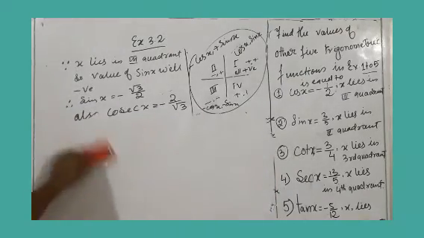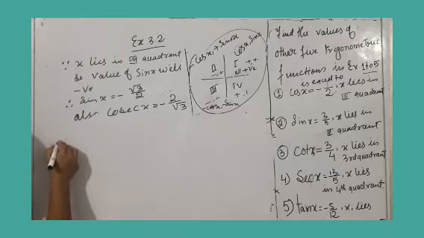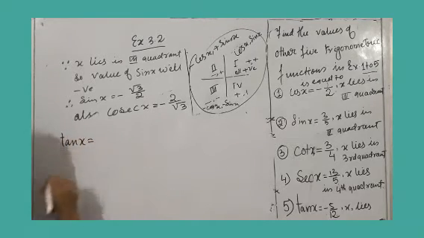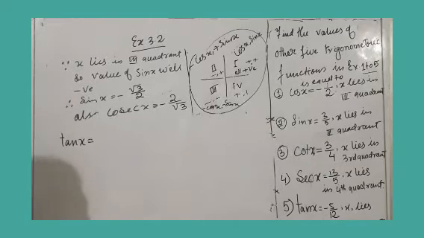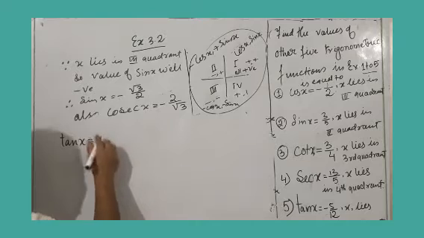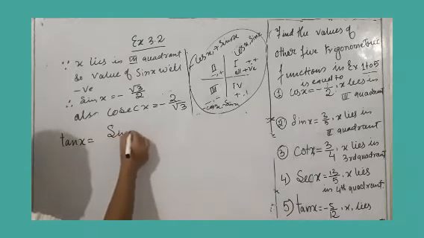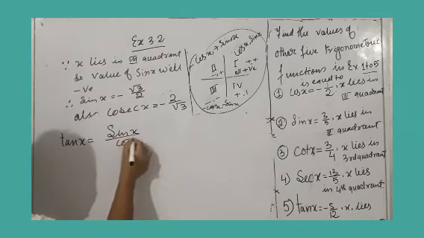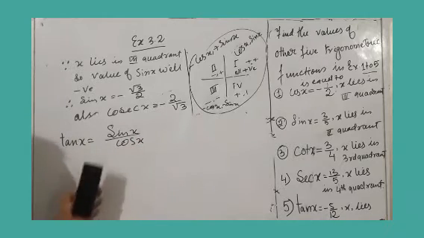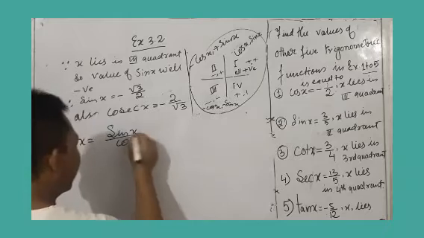Next, tan x. Tan x equals sin x by cos x. This is coming from the relation of the trigonometric functions.